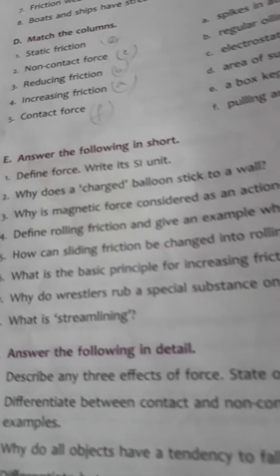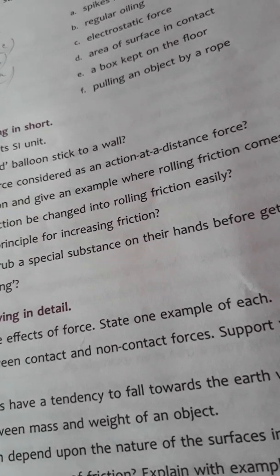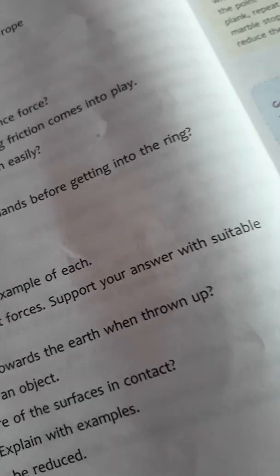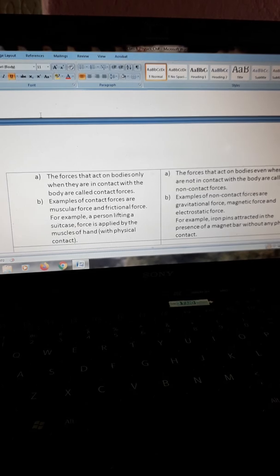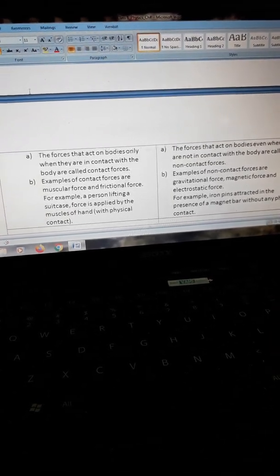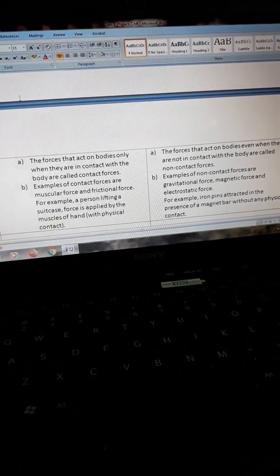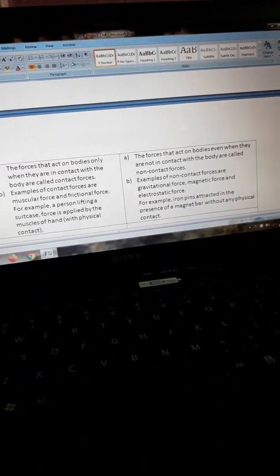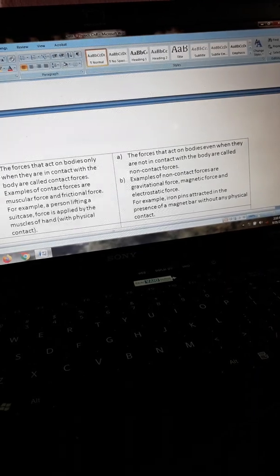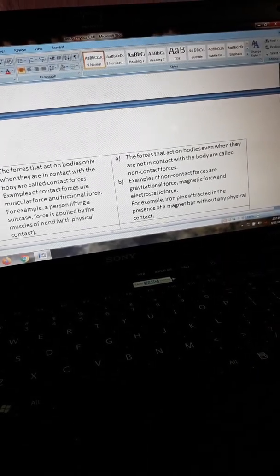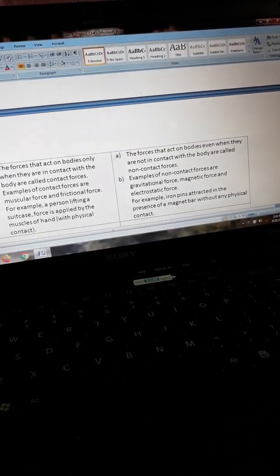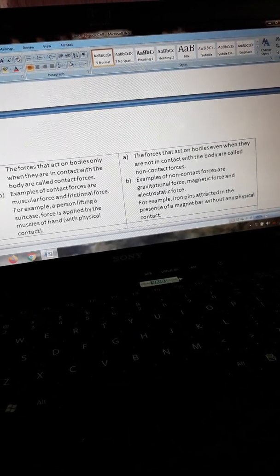Next question: differentiate between contact and non-contact forces. Support your answer with suitable examples. So what is contact force? At first you write down: the forces that act on bodies only when they are in contact with the body are called contact forces, and the forces that act on bodies even when they are not in contact with the body are called non-contact forces.